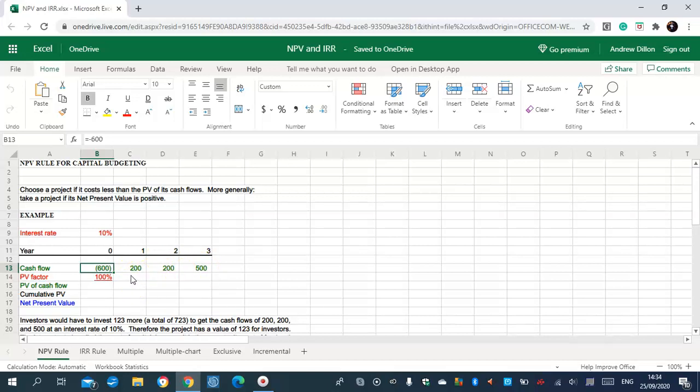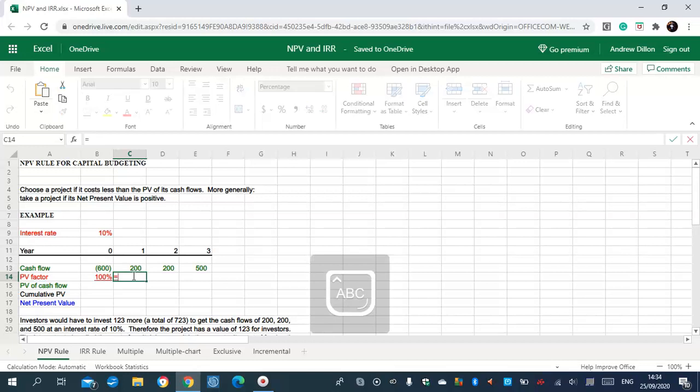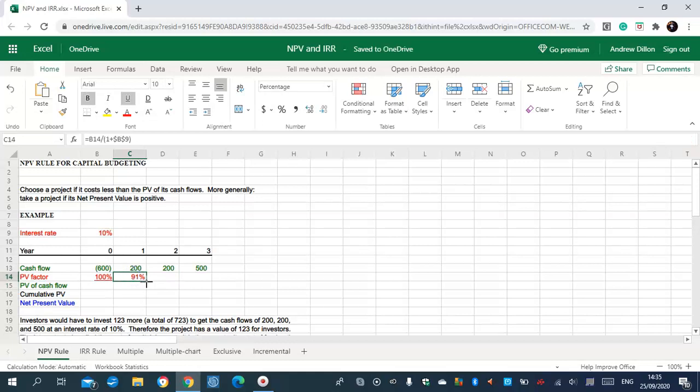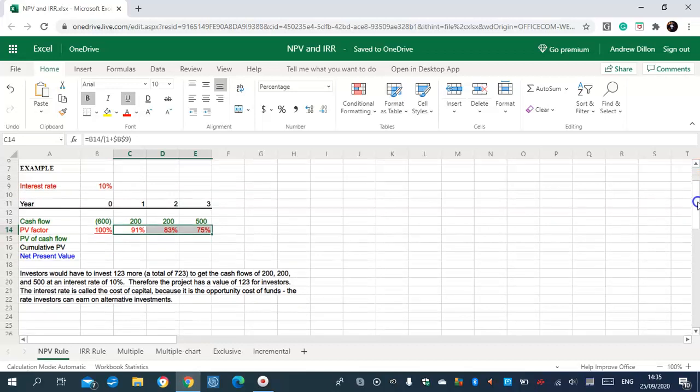So to start off, I have to calculate the present value factor. Very good.